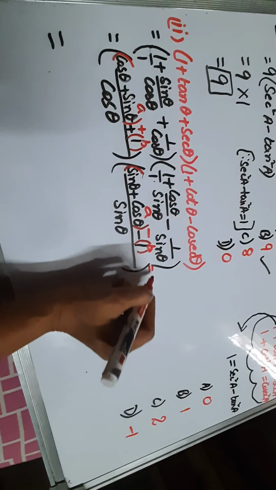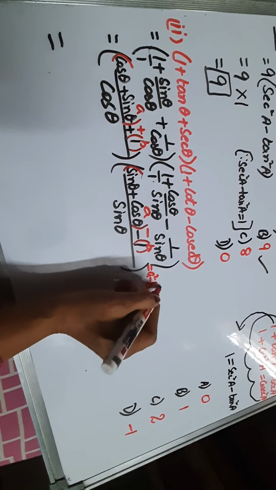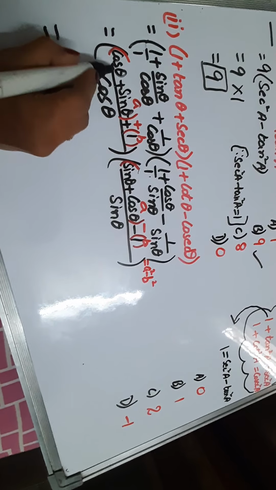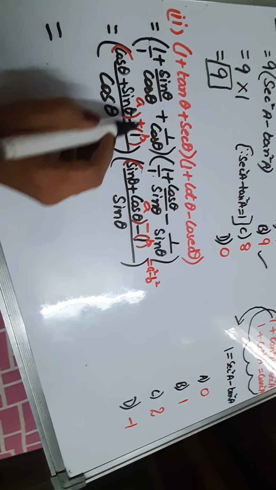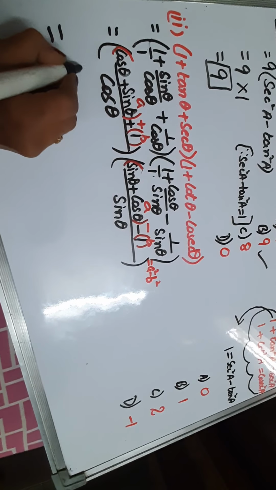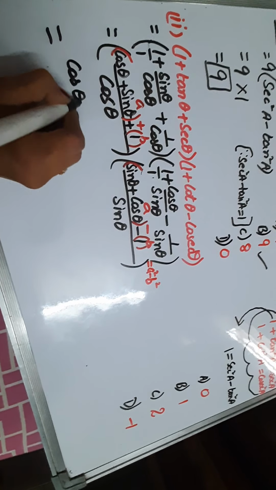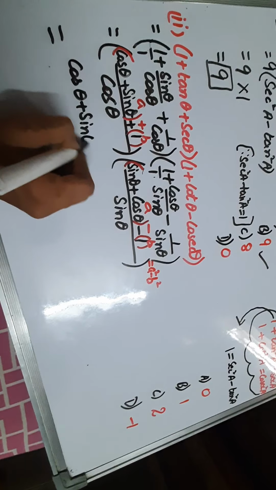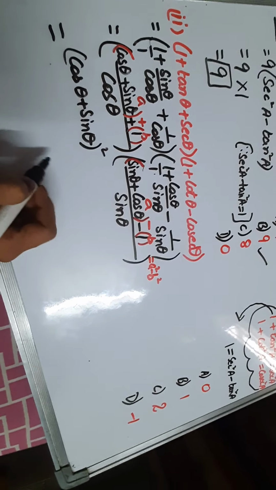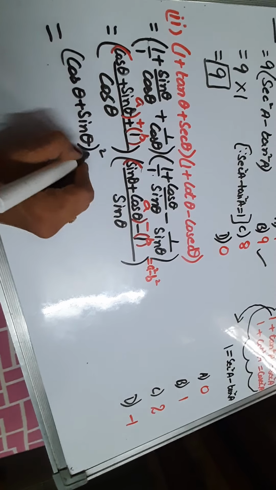So what is this identity? A square minus B square. So we will use it. So now while multiplication, it is A square. A is what? Cos theta plus sin theta. So we'll take cos theta plus sin theta. This is A and its square is to be taken. Then minus B square.